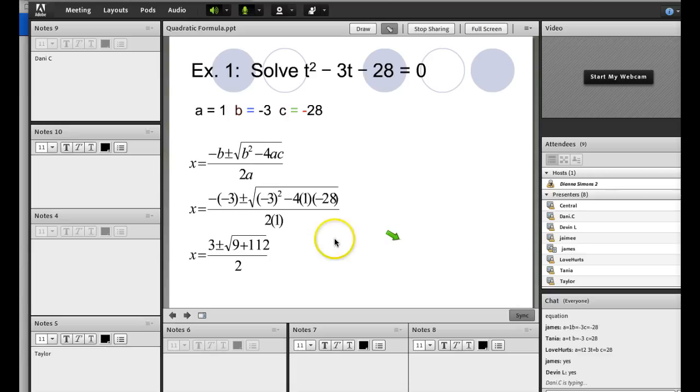Okay. Now, the opposite of negative 3 is positive 3. You guys already told me that the opposite of negative 4 was 4, so that should make sense. Right here we have a plus or a minus. So we're going to do this math here. Negative 3 squared is 9. 4 times 1 is 4, times negative 28 is negative 112.